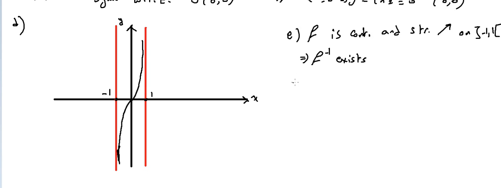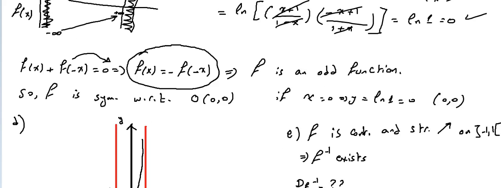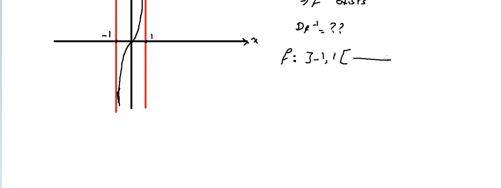Now, what is the domain of the function f inverse? We know that the function f goes from minus 1, 1, as you can see in the table of variation, as x tends to minus 1, y tends to minus infinity, as x tends to 1, y tends to plus infinity. So it goes from minus 1, 1 to the range minus infinity, plus infinity.